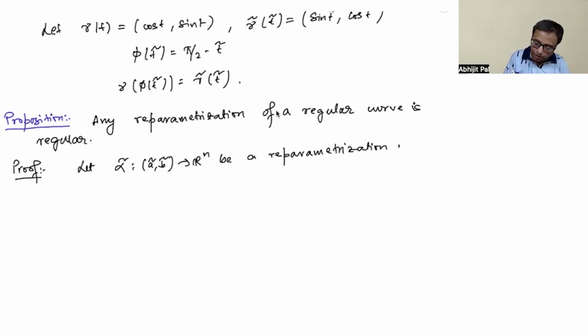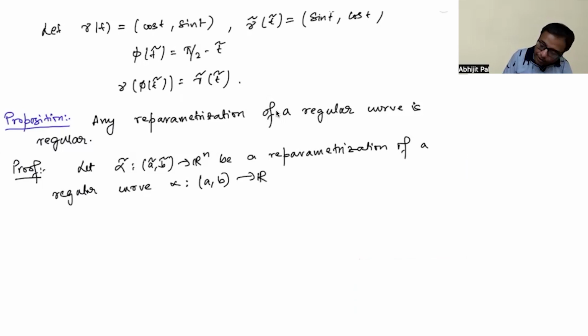This implies that there exists a bijective differentiable map phi from this interval to the interval AB such that phi inverse is also differentiable.